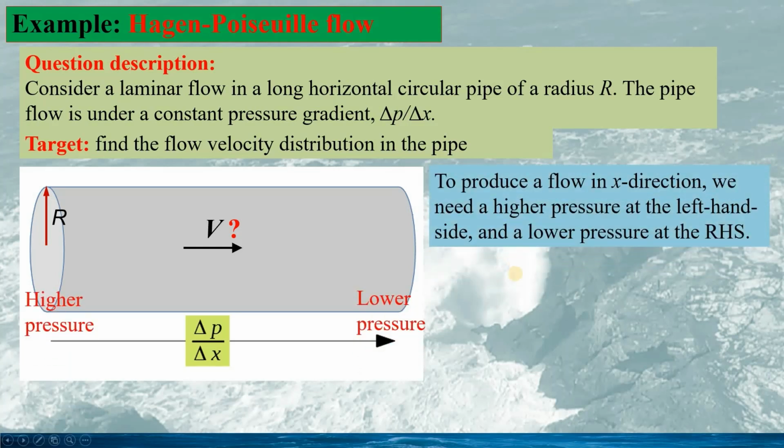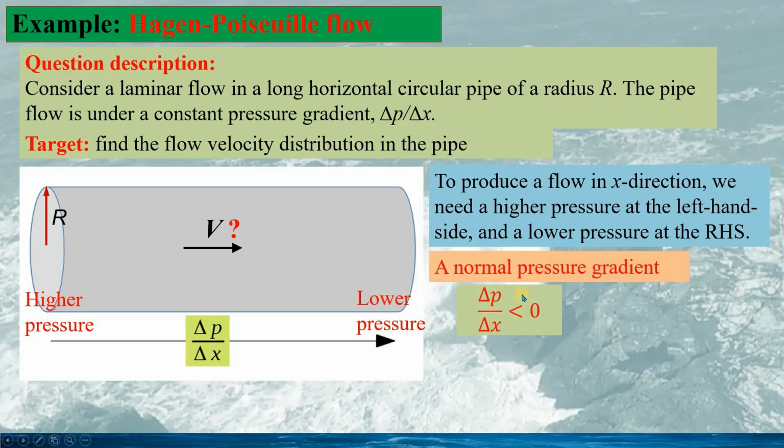To produce such a flow in the x direction, we need a higher pressure at the left-hand side and a lower pressure at the right-hand side. Therefore, we have a normal pressure gradient: delta P over delta x is smaller than 0.